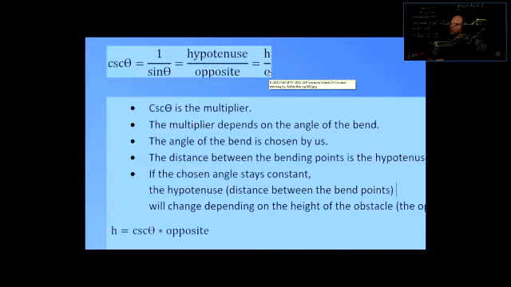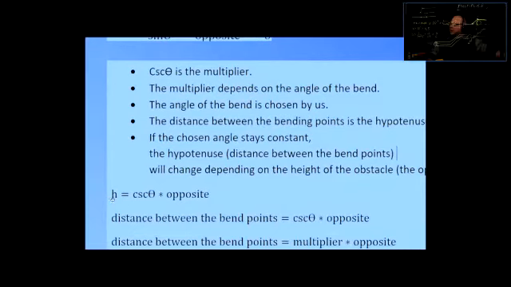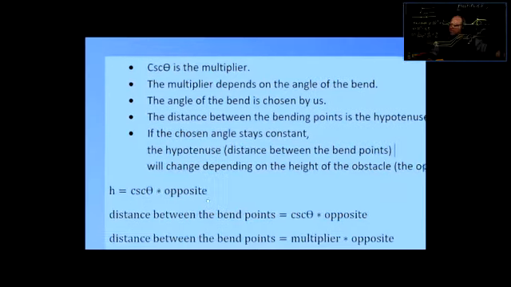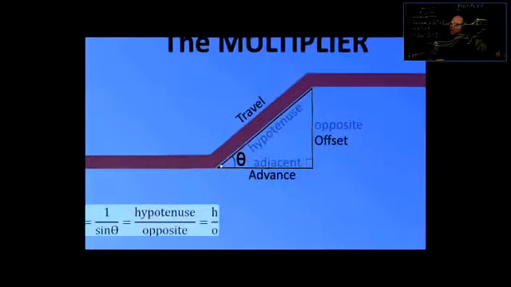And in order to get the same thing on the other side, so the equal sign is kept, we're going to have to multiply the other side by the opposite. So that's why the hypotenuse is the cosecant, or the 1 over sine of the angle, times the opposite. And the opposite is right here, the height.